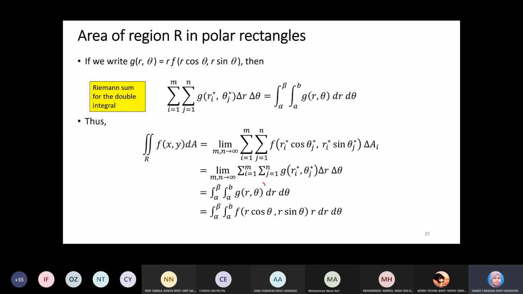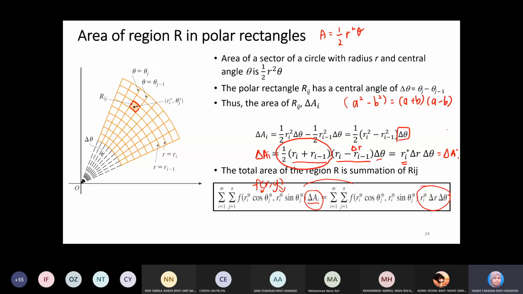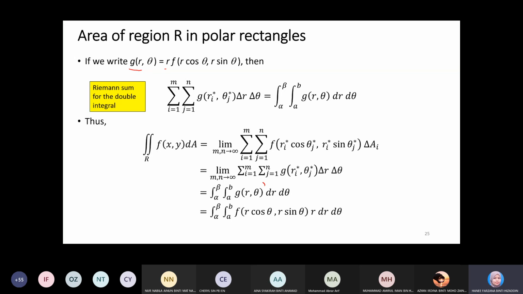Well, we are still in the same domain of the area of region R in polar rectangles. In this case, if you combine the r times f, the function f, into just g of r and theta, then you can write down the function like this.